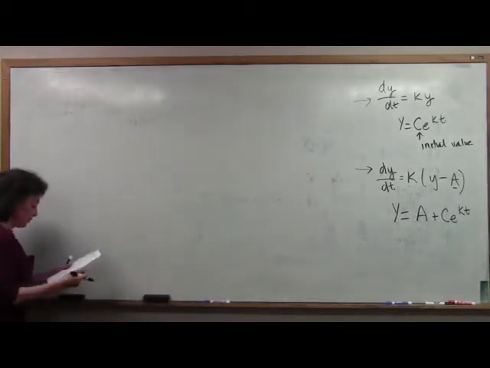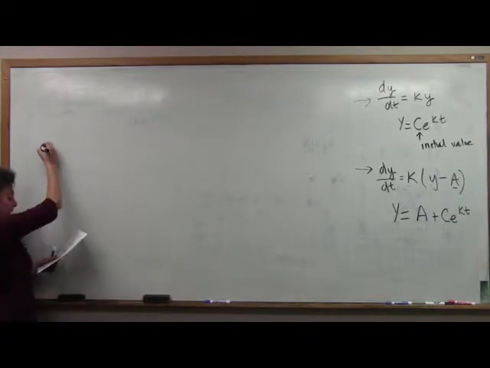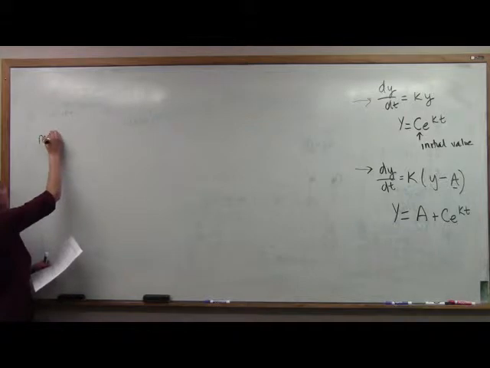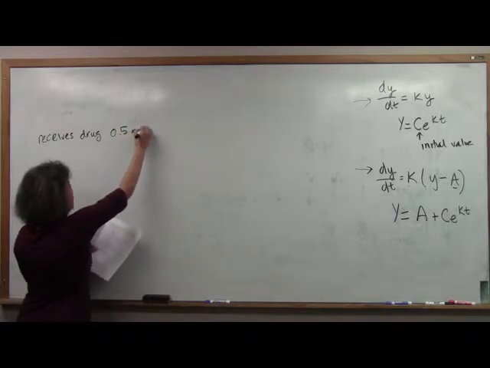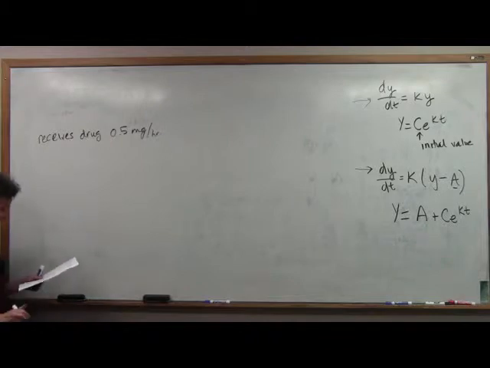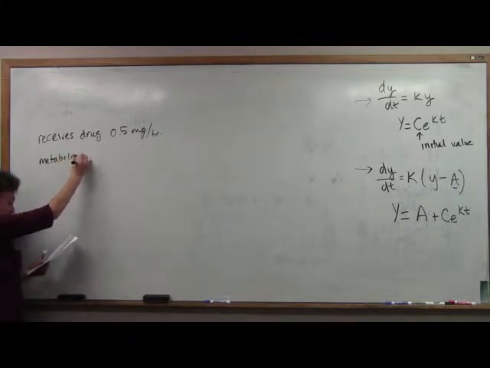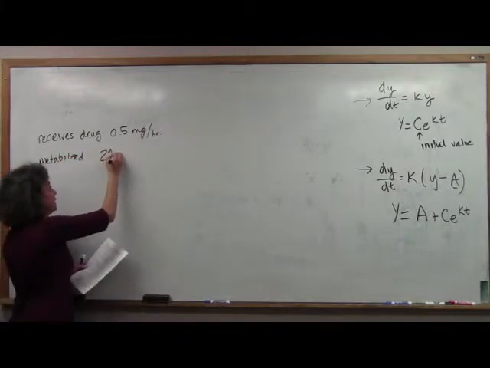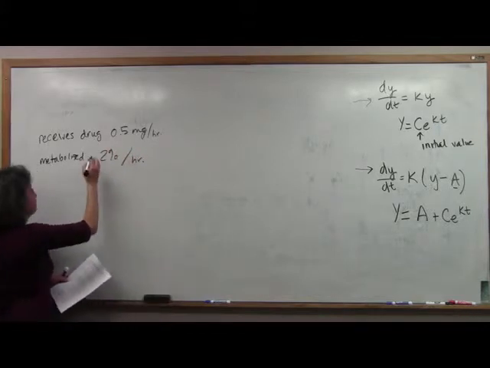So what if I told you that a person receives a drug intravenously at a rate of 0.5 milligrams per hour. Notice it's not a percentage, that's our constant. And then we're given that the drug is metabolized and leaves the body at a continuous rate of 2% per hour.